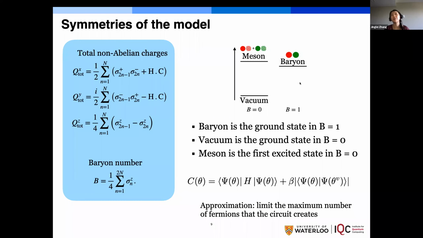And the reason we are interested in these energy levels is that of course we want to calculate something that is physically significant. So we will look at the mass of the meson and the baryon, which is just the difference in energy between their energy level and the vacuum.